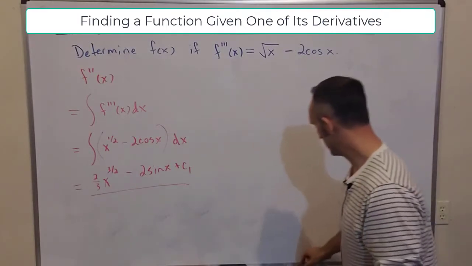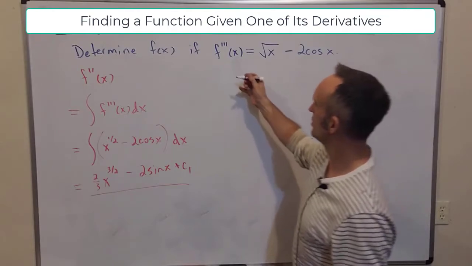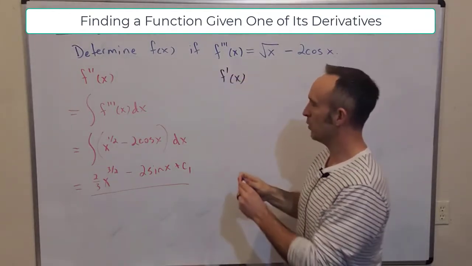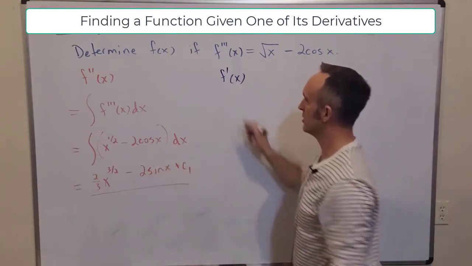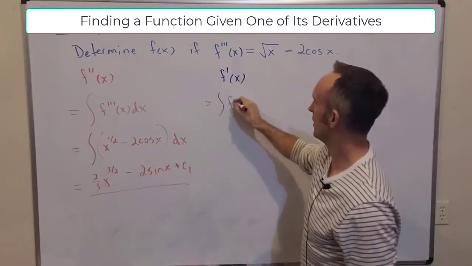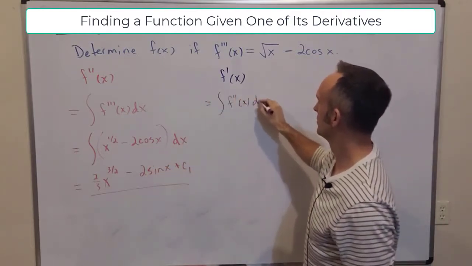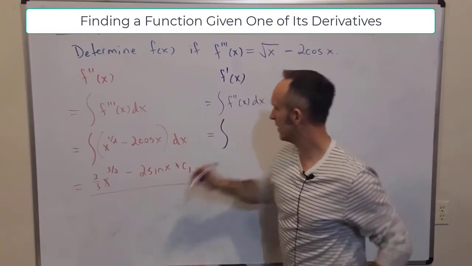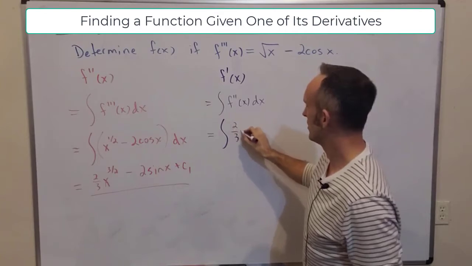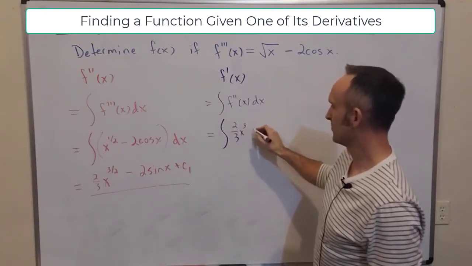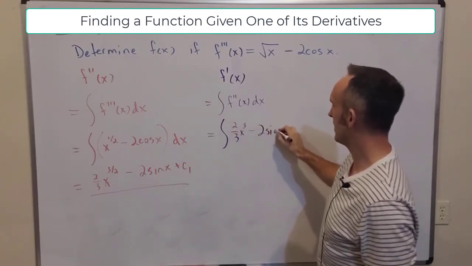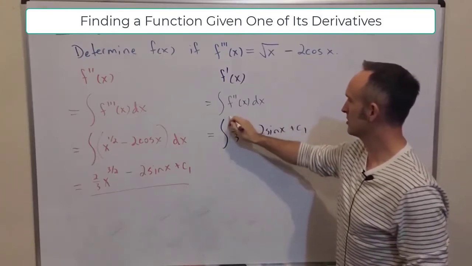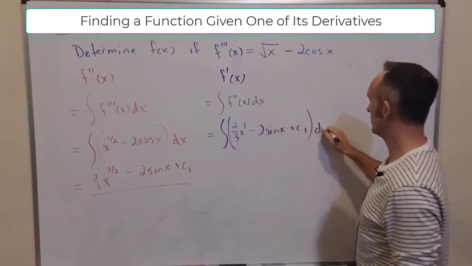Now let's go to the next piece, which is to calculate f prime of x through one more anti-differentiation of f double prime of x. So I get the antiderivative of 2/3 x to the 3/2 minus 2 sine x plus c sub 1. Because of the additions and subtractions, I need all of this in parentheses.